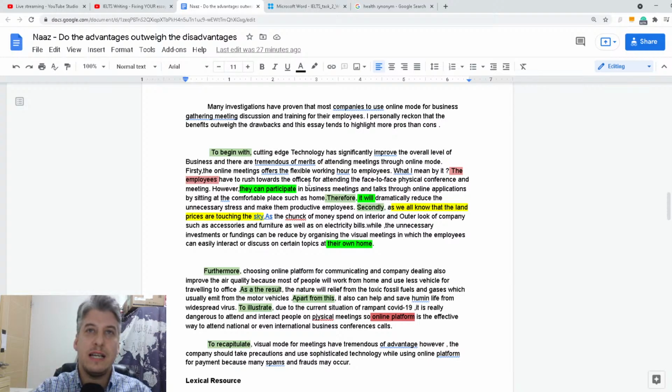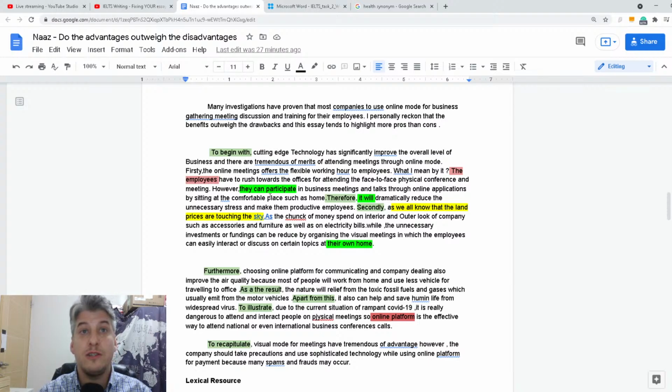So here he said employees, the employees. So it's okay, but we could improve it by referring to the employees using a different word, which is what Naz actually did in the next sentence here. "However, they can participate in business meetings." They is referring to the employees. So this is a good example of referencing. And this is what you need to do to get a better score in coherence and cohesion.